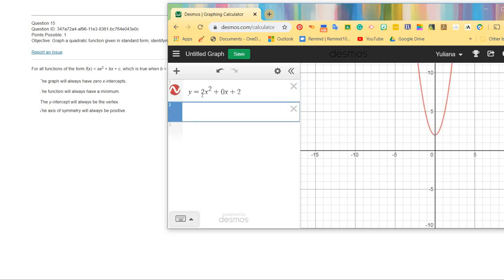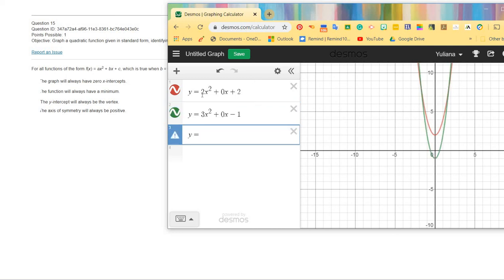So that's +2, and if I graph another one, let's say 3x² plus 0x -1, and then let's do one more, y is equal to 4x² plus 0x plus 3.